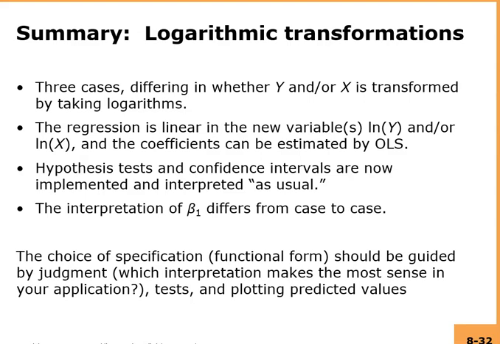But the interpretation of beta 1 differs from case to case, meaning whether it is a log linear, linear log, or a log specification. And whichever logarithmic transformation you choose should be guided by the economic theory between the two variables that you are trying to study.